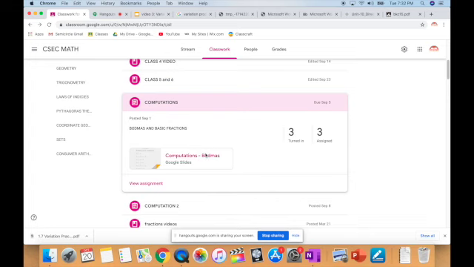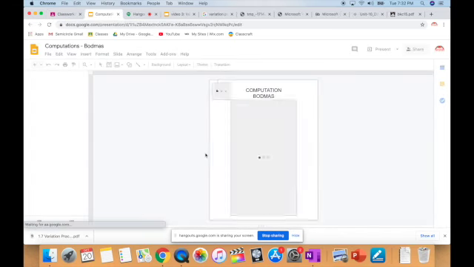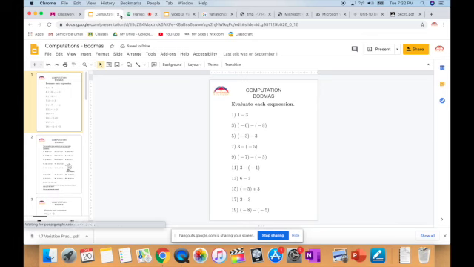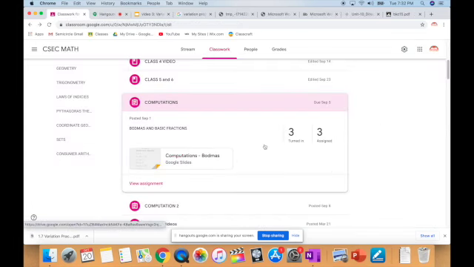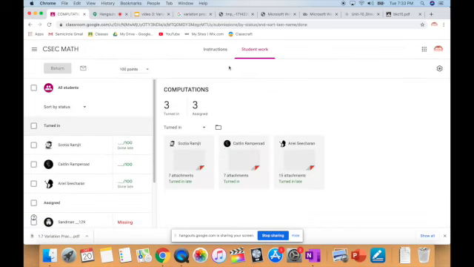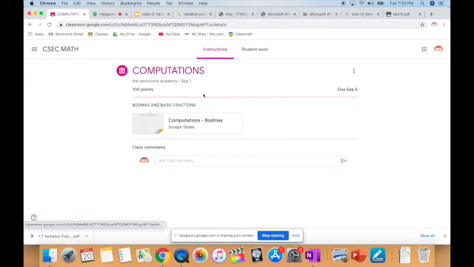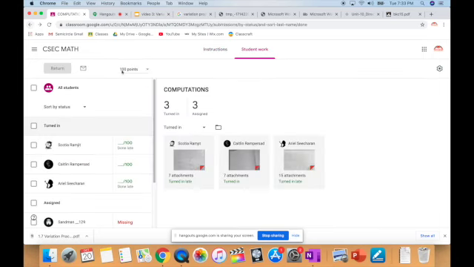When you click on the assignment, you'll get the assignment there, but really and truly, I am logged in as a teacher, so it wouldn't give me the option to upload the assignment, right? But when you have the assignment there, you should have an option to upload it somewhere around in the assignment itself.